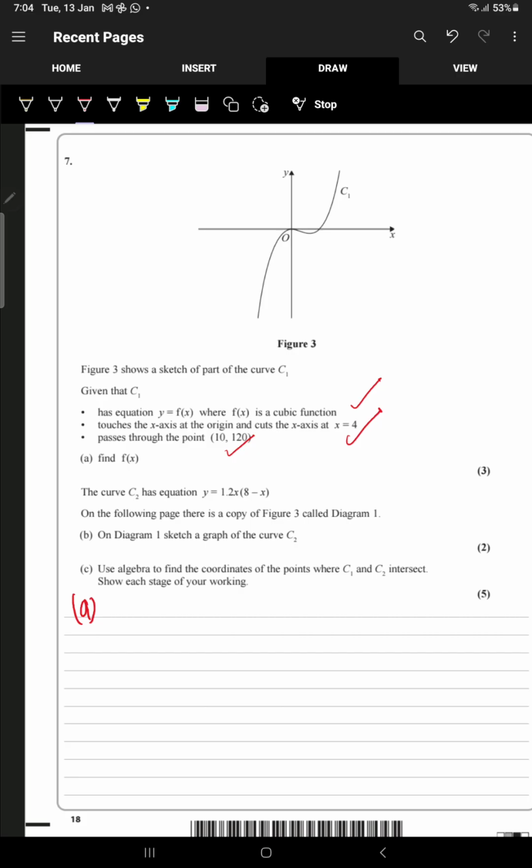So we have a times x minus 0, squared, because whenever a cubic graph bounces, it's a repeated root, and it is expressed as a bracket squared. And we have an x-intercept of x minus 4. So basically this x minus 0 squared is just x squared.